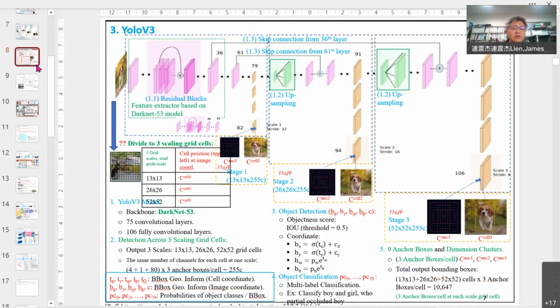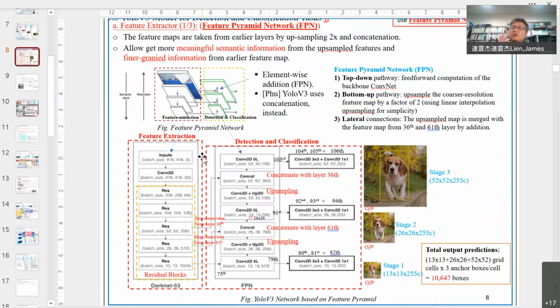So actually that's why I say YOLO V3's idea is the same as RetinaNet. Because RetinaNet is this way, they have a feature pyramid network. So YOLO V3 upsampling also has a feature pyramid network.